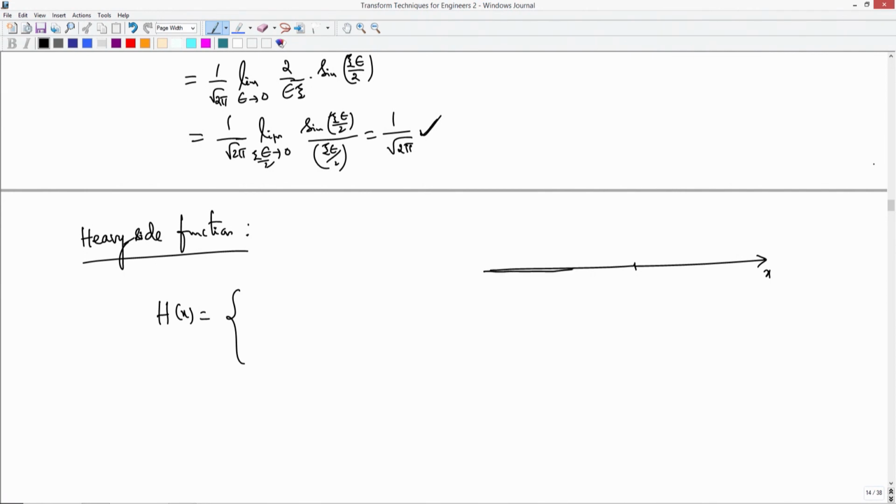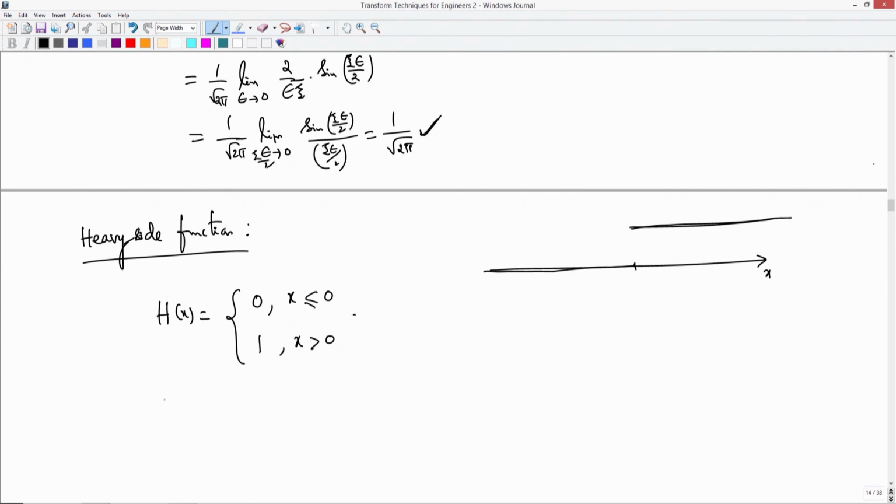Up to here it is 0, and when it comes to the jump, it is 1, and at every positive side it is 1. So, that is the Heaviside function. It is 0 if x is negative and 1 if x is positive. Such a thing is called the Heaviside function.